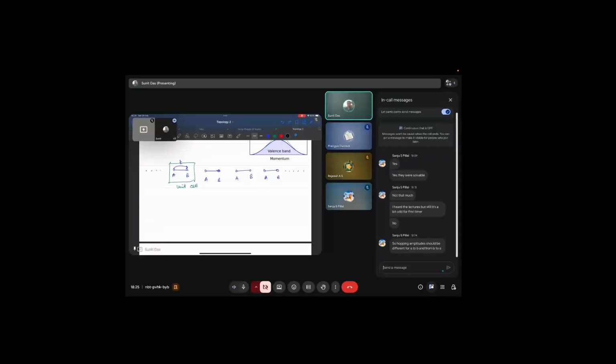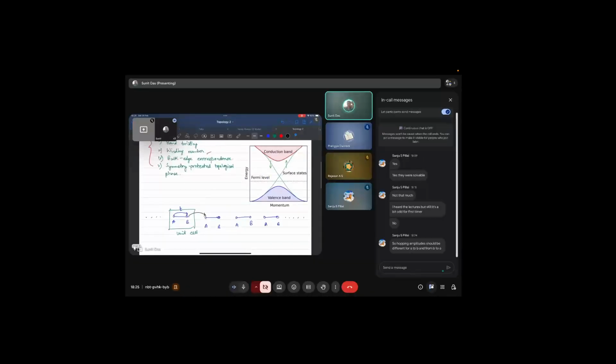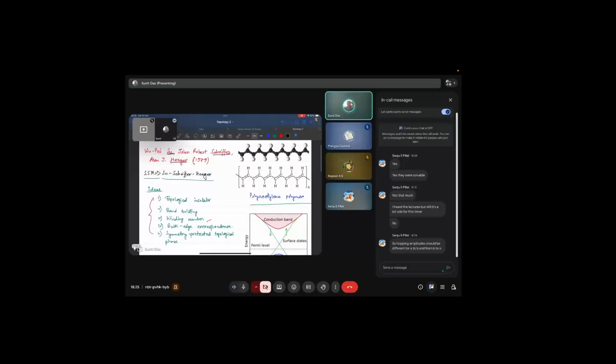Let me use different colors. So this to this can be different because you are going from one unit cell to another unit cell. One realistic example is the polyacetylene polymer: if you consider this to be your unit cell, then from this to this and this to this can be different.